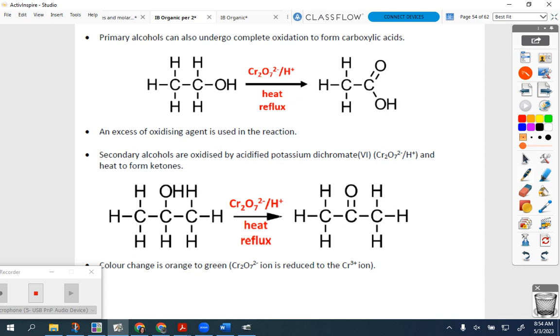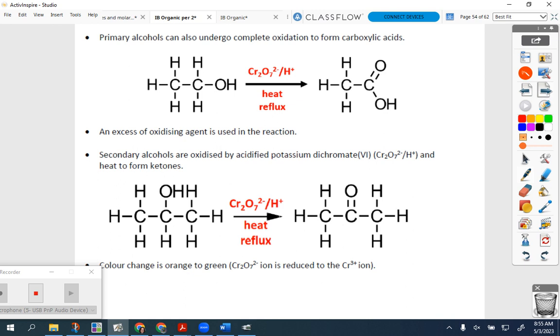We have a hydroxyl group here. So we're now making a carboxylic acid. So that's two additional bonds to oxygens that the carbon has. So that's considered complete oxidation. This is only going to happen when the alcohol is at the end of the carbon chain. Okay? And this is also going to take a good amount of our oxidizing agent to make sure that it goes to completion.